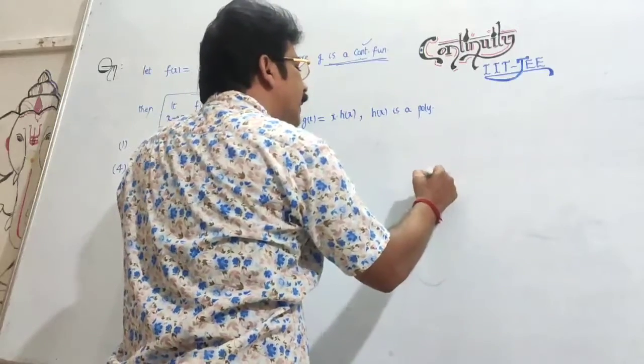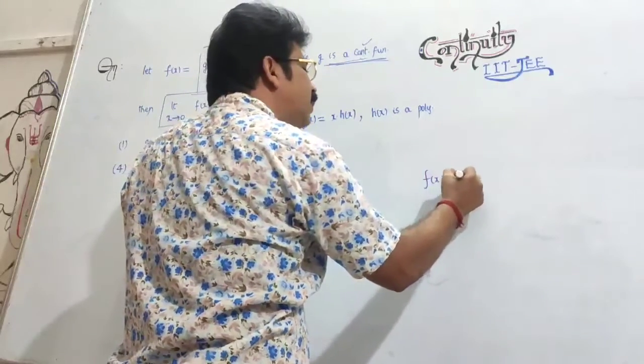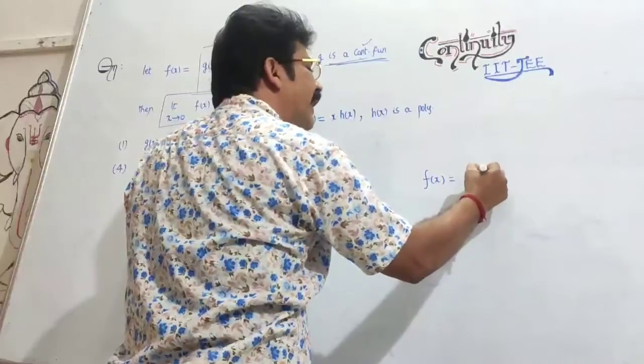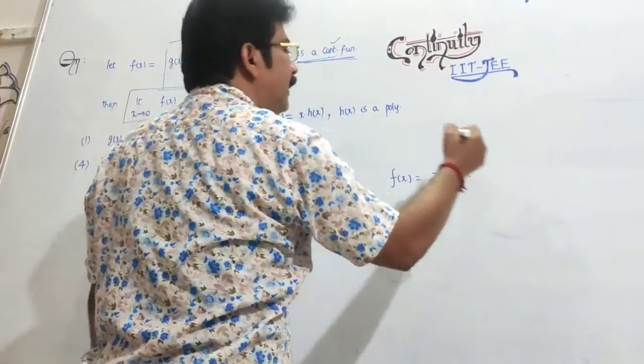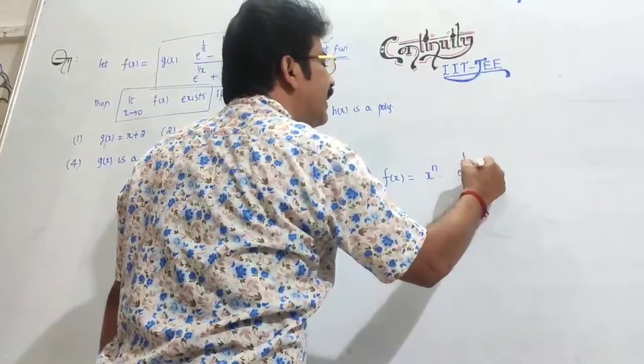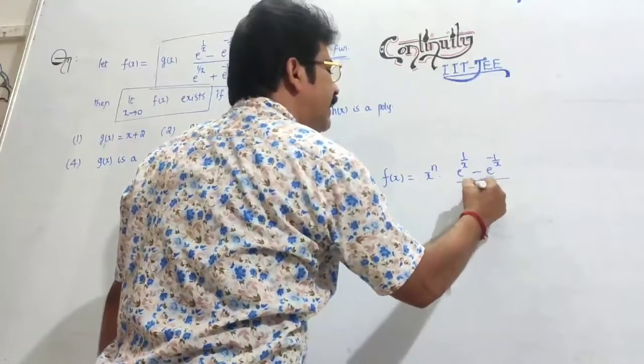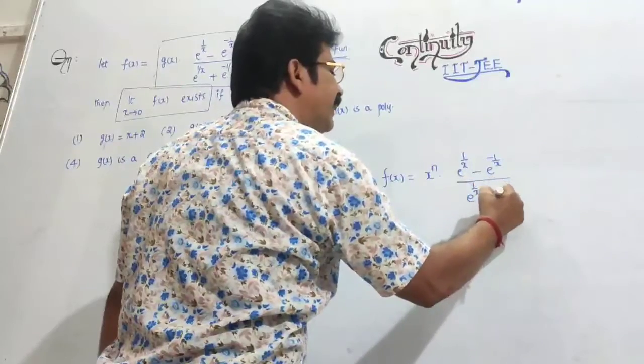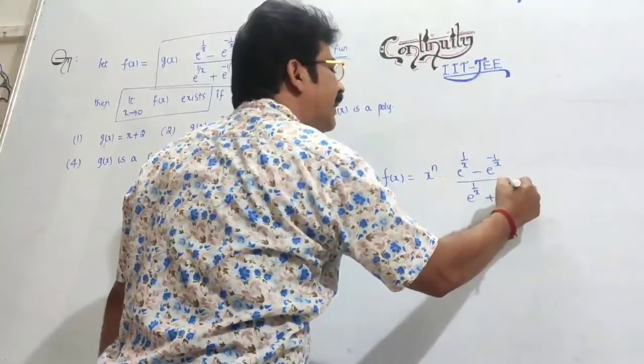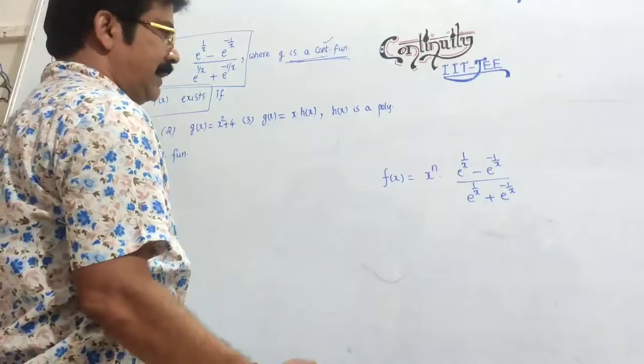Actually f of x equal to x to the power of n into that same function, e power 1 by x minus e power minus 1 by x divided by e power 1 by x plus e power minus 1 by x.